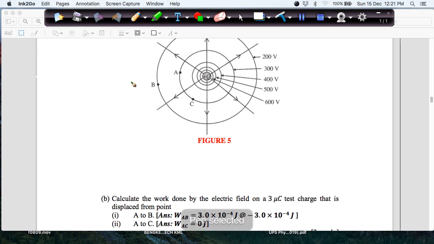Part B: calculate the work done by the electric field on a 3 microcoulomb test charge that is displaced from A to B. At point A, this is an equipotential surface. The potential VA is 300 volts, and at B, VB is 200 volts.